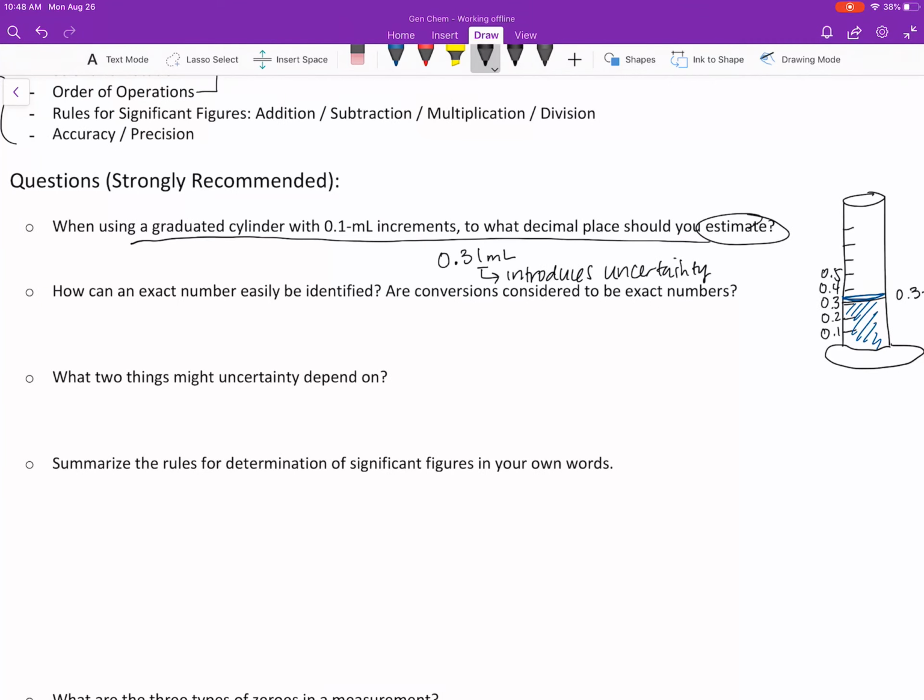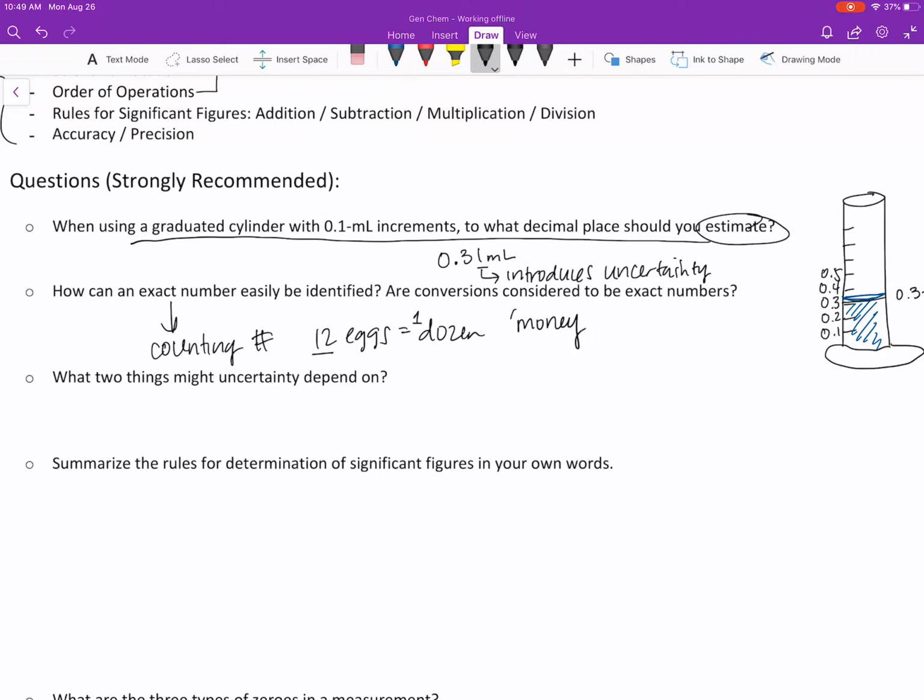So how can an exact number be easily identified? These are counting numbers. So if I can count them, then it's an exact number. So 12 eggs in a dozen, or 12 bagels in one dozen. That's an exact number. It's exactly 12 eggs, not roughly 12 eggs. Money is an exact number. You have an exact amount of money.